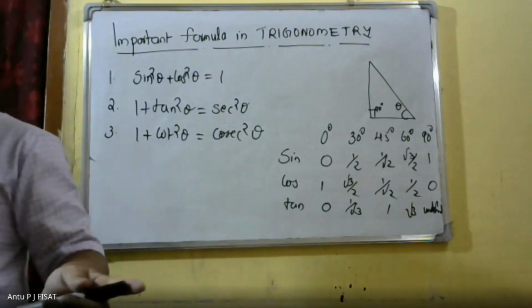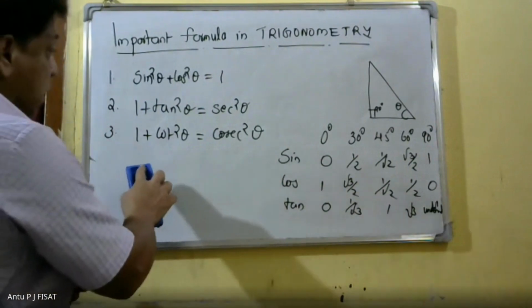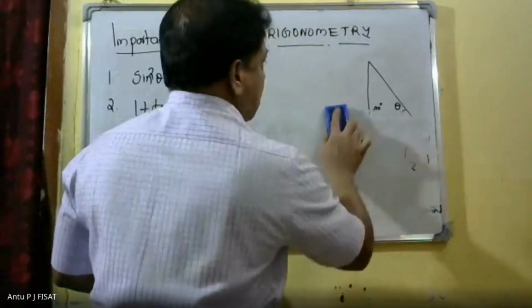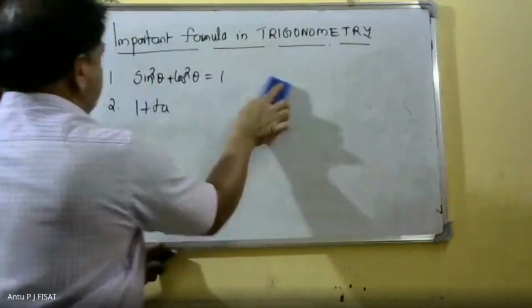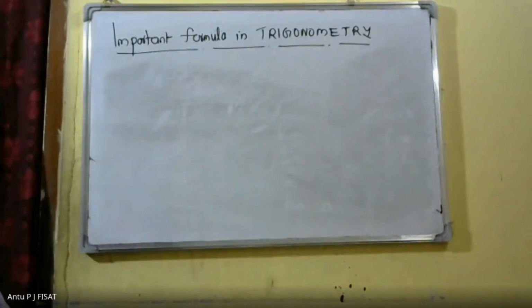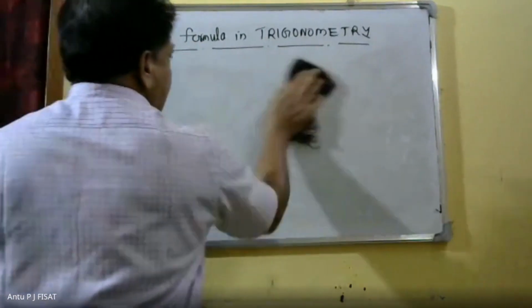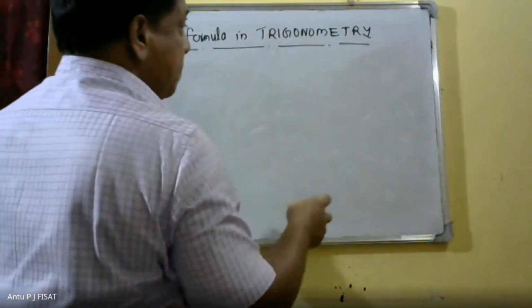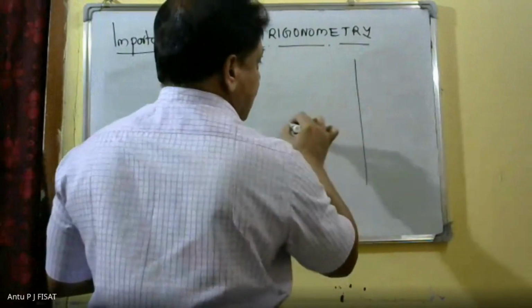Next, you have to understand an important rule in trigonometry, known as the ASTC rule. Write the quadrants.